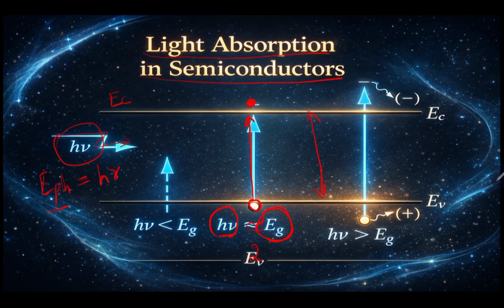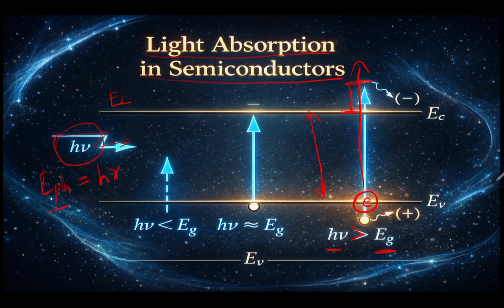Next is the third case, where the energy of the photon is greater than the band gap energy. The electron from the valence band will be promoted well inside the conduction band, much higher than the conduction band edge.